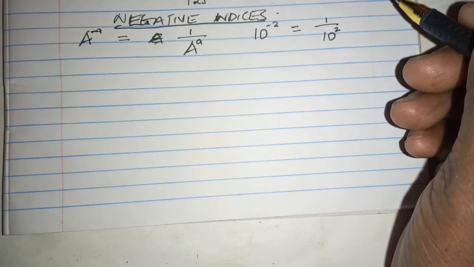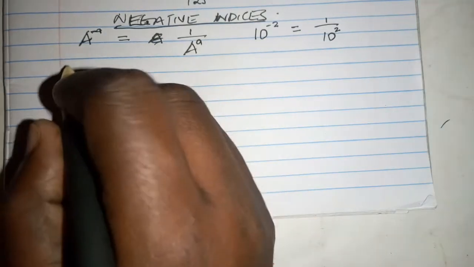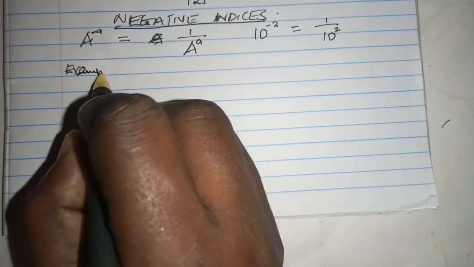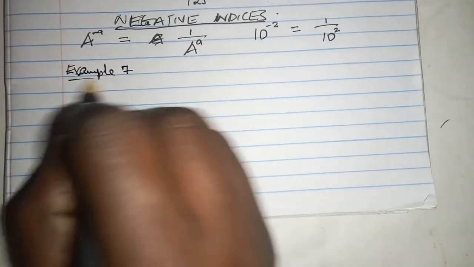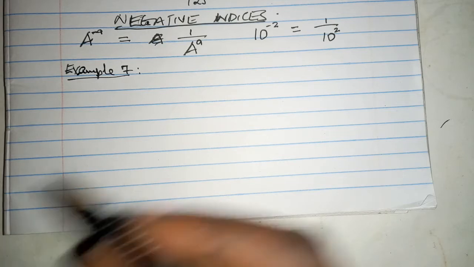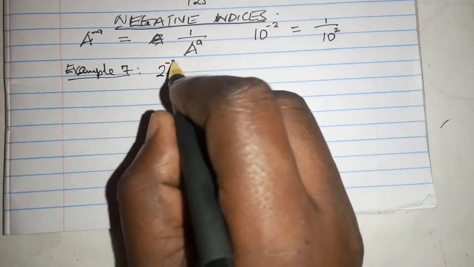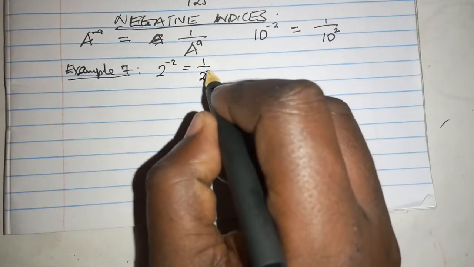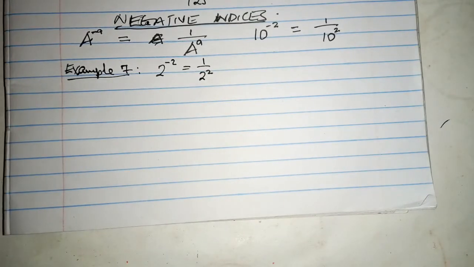I want us to go straight to example 7 and see something different. Show that 2 raised to power minus 2 is 1 over 2 squared. I'll give it a very simple approach, the approach of division.